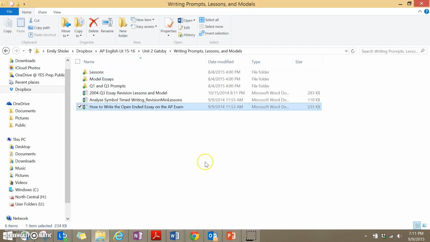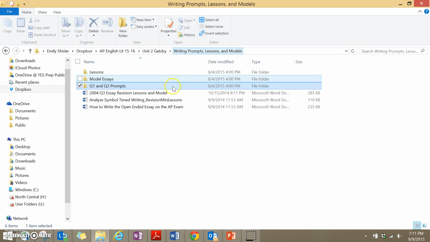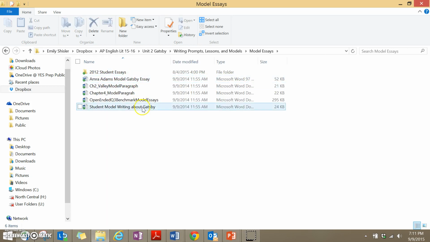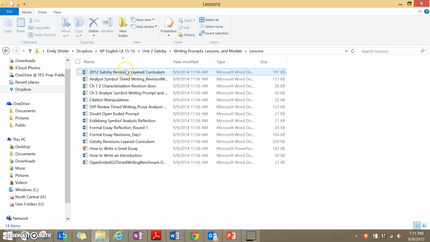Now, please note that this whole unit is based in lots of Q3 and/or prose writings about Gatsby, and there's a ton of prompts all ready to go for you. There's model essays, there's prompts, there's differentiated reflection activities based on how students did. There's a whole folder full of model essays, and there's also lessons.